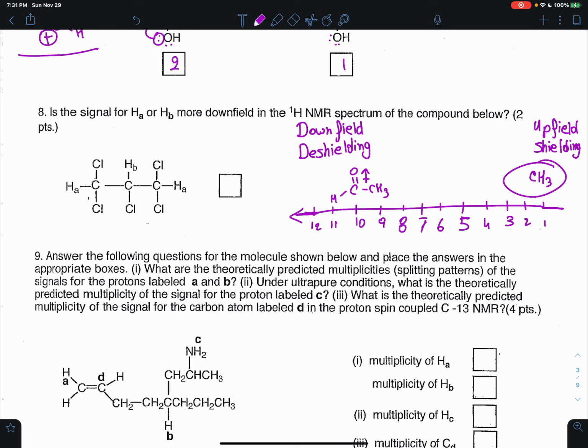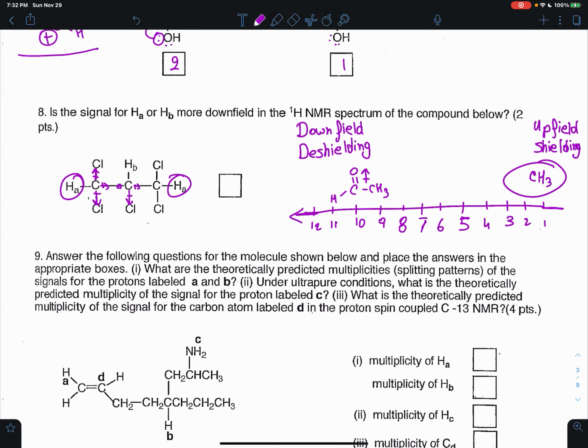Knowing that, if you look at those structures, HA here has a plane of symmetry, so those two are the same. If we look at HA, we have chlorine, which by induction can pull electrons away. Carbon can pull electrons away too, but much less; it's insignificant, I would even say. HB has only one chlorine and two carbons, so a really small deshielding by the carbons but really high by the chlorine.